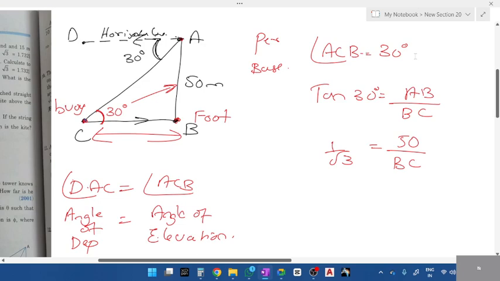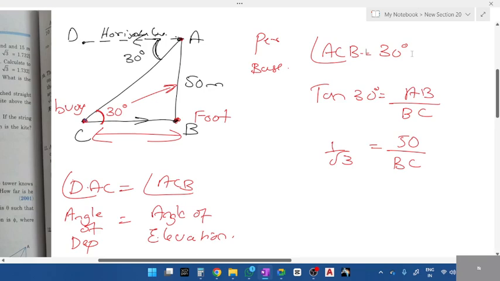In heights and distances, you'll get only one question. And one more thing, we always need the angle of elevation, students.